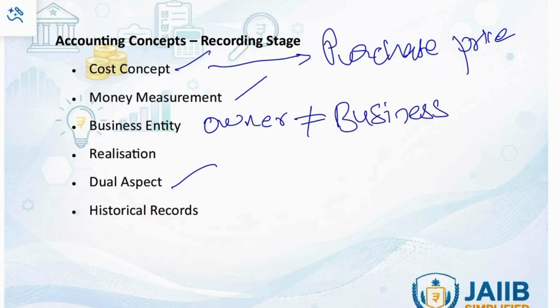This tells us that every transaction has two sides, debit and credit. For every transaction, one account should be debited and other account should be credited. Together, these concepts form the scientific framework for recording transactions in the book of accounts.